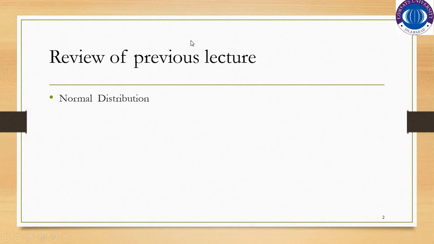In the previous lecture, we started the normal distribution. We discussed some features of the normal distribution: it has a symmetric, bell shape, its mean, median and mode are equal, and the area under the curve is 1.